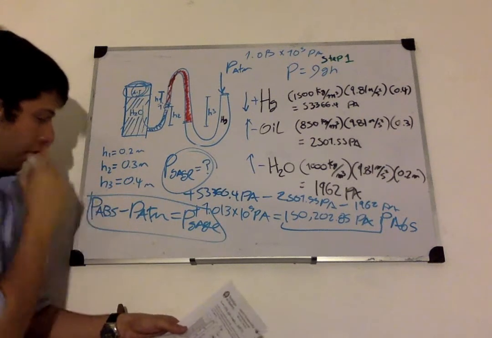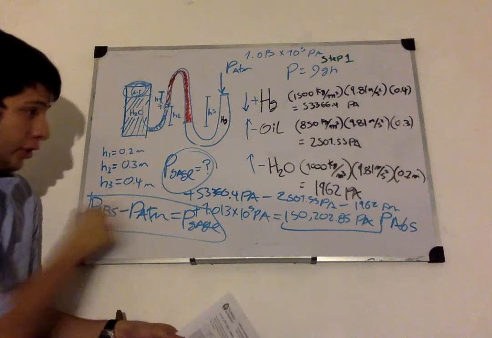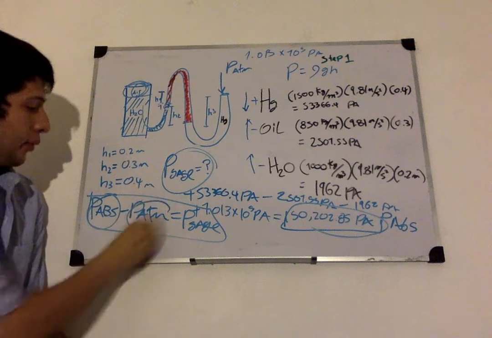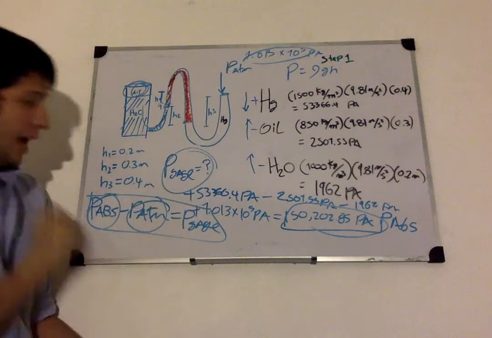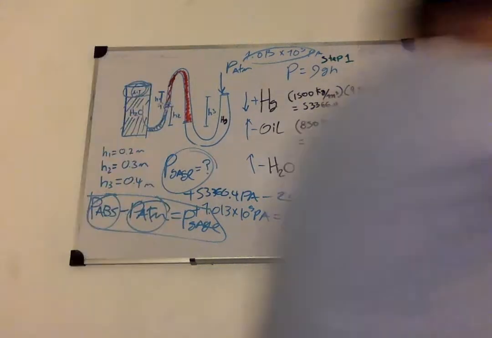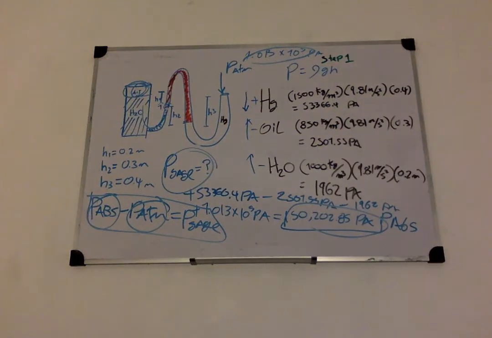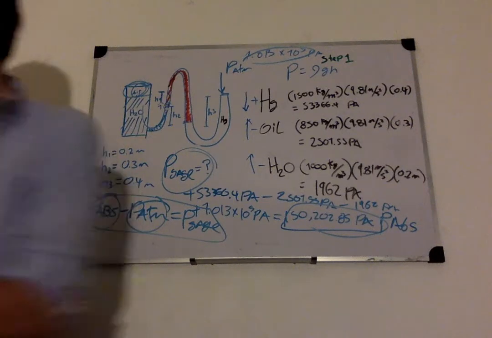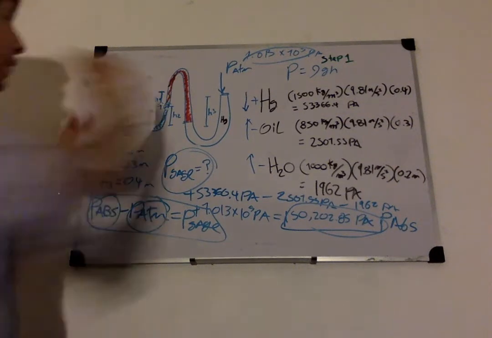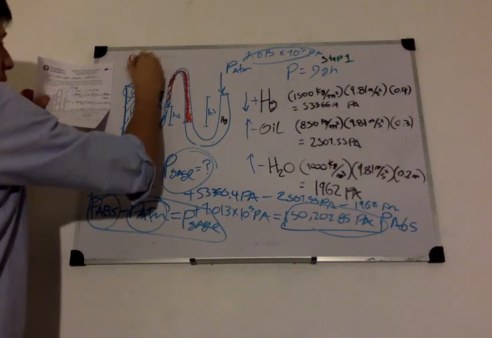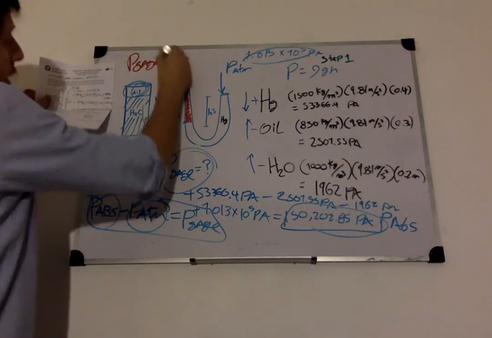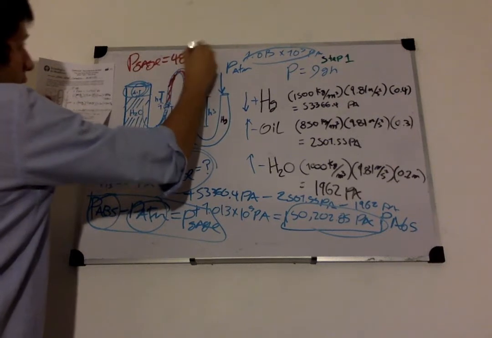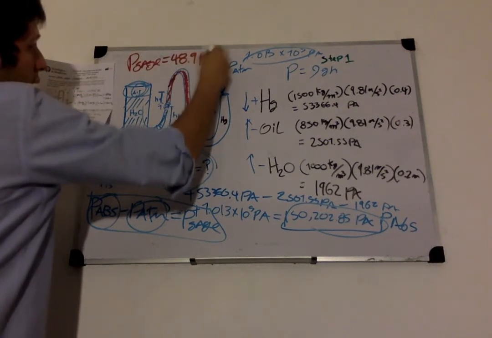After using this formula, we substitute this number in here, and in the atmospheric pressure we substitute this number. We do that calculation, and it gives us that the gauge pressure is equal to 48.9 kilopascals.